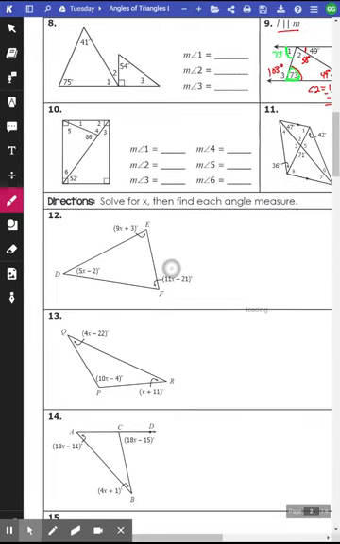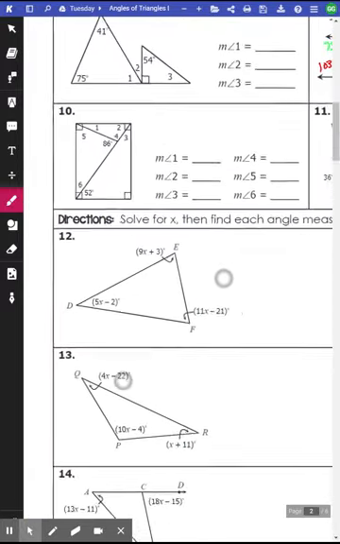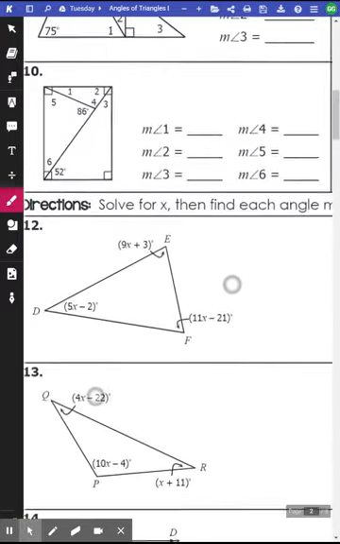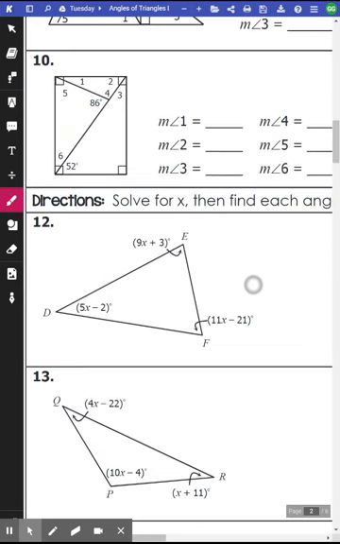Solve for x, then find the angles. A lot of this, like I said, is just going to be how hard the algebra is for you. Just using the triangle sum theorem, that means this angle plus this angle plus this angle all equal 180 degrees.